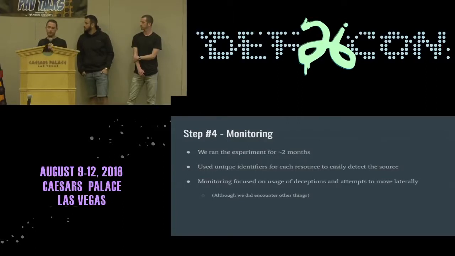We ran the experiment for 2 months, where we used a unique username for each resource in order to easily distinguish the resource. Our monitoring focused on usage of deceptions, successful logons of the deceptive users, and attempts to move laterally. We didn't care so much about scanners and brute force attacks, although we saw some of them, which we'll talk about later.